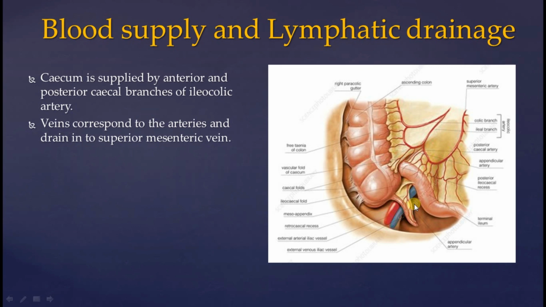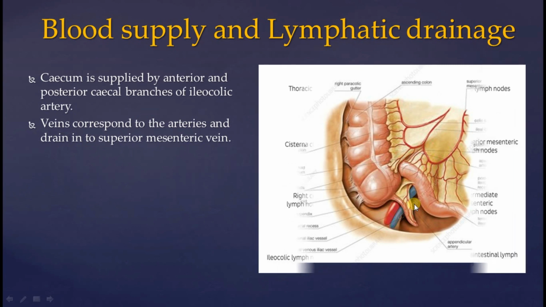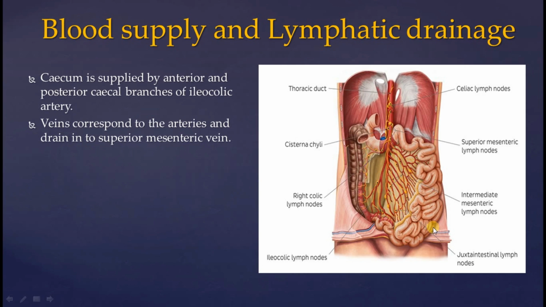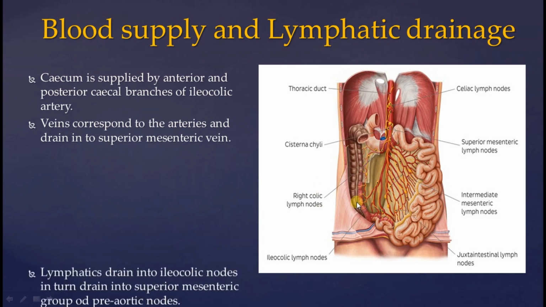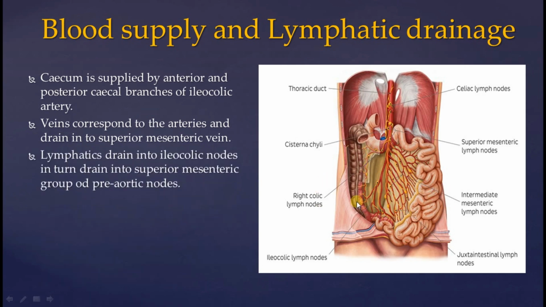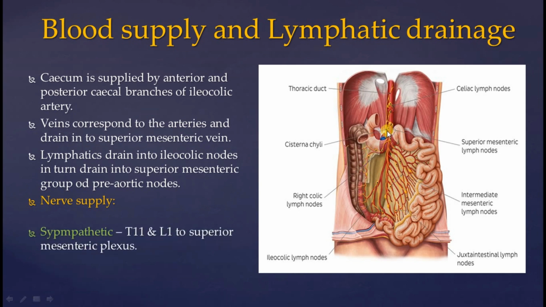Veins correspond to the same names, anterior and posterior cecal veins. They drain into the superior mesenteric vein and subsequently into the portal vein. The ileocolic lymph nodes drain into the superior mesenteric group of preaortic nodes. Nerve supply is both sympathetic as well as parasympathetic.